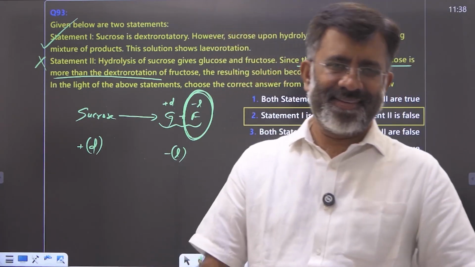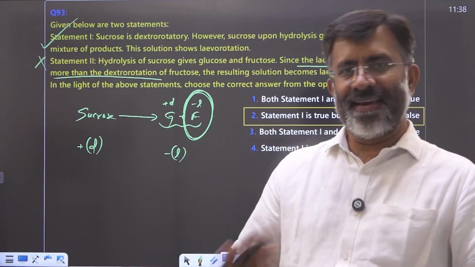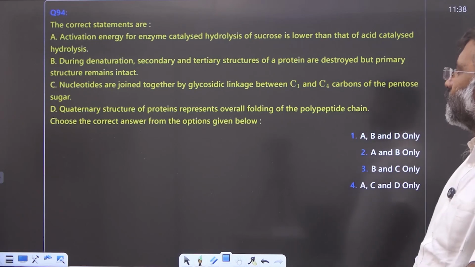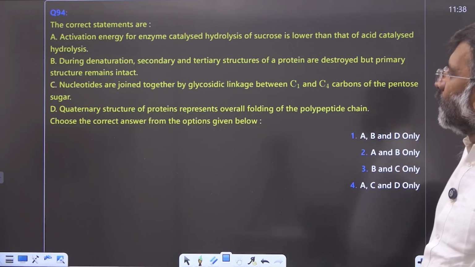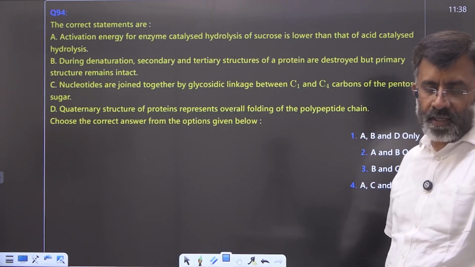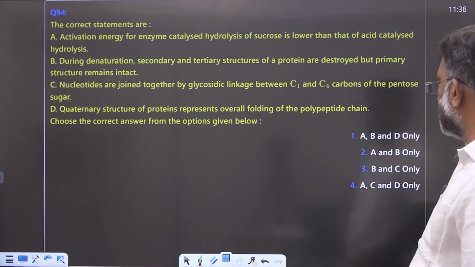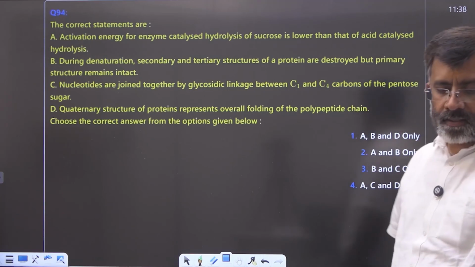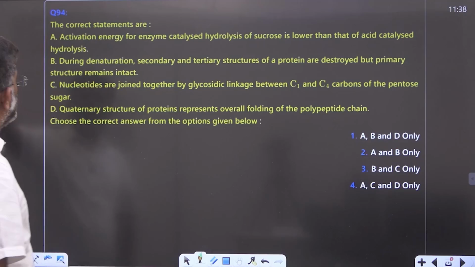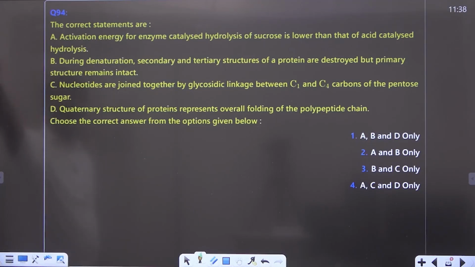Okay, fine. Next, question number 94. Four statements are given. We need to identify the correct statement. Let's check statement A: activation energy for enzyme catalyzed hydrolysis of sucrose is lower than that of acid catalyzed hydrolysis.